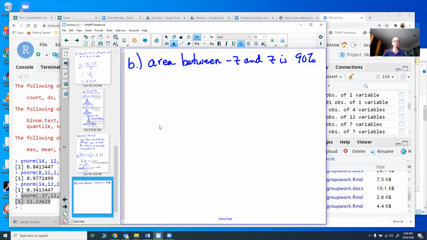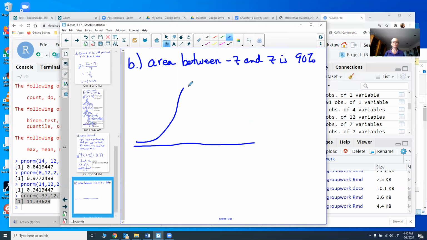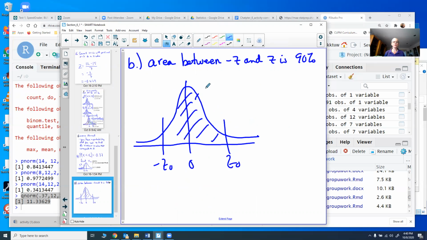Let's find the z values where the area between a negative z and a positive z is 90%. So this time we're using z's. That means our center is 0 and our standard deviation is 1. Negative z is less than 0. Positive z is greater than 0. And we're saying that the area between these two is 0.9. Well, again, when doing these, we need to know the area to either the left or the right. It doesn't matter which one, but let's go with left.